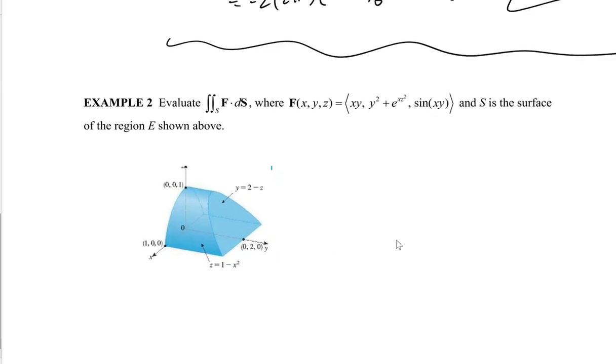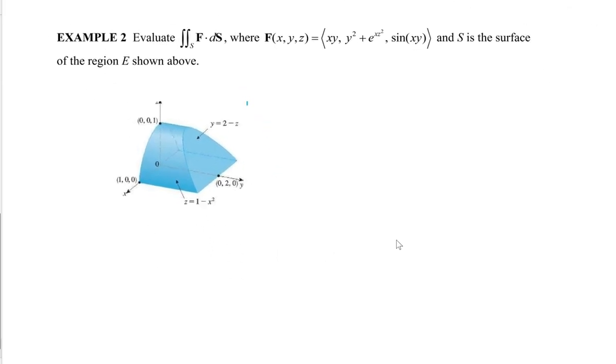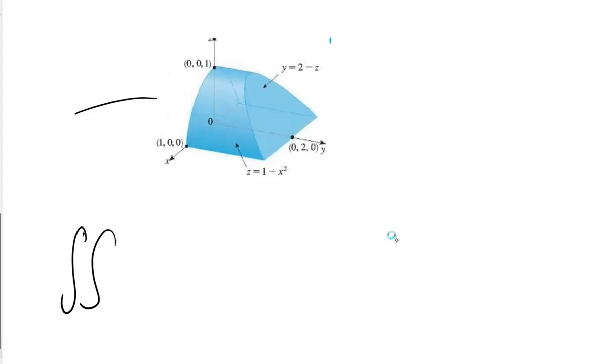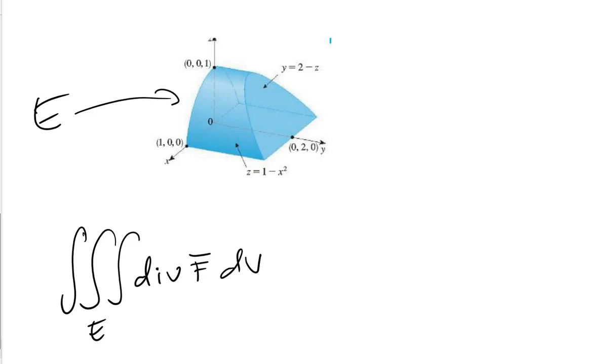Instead of doing 4 separate surface integrals, we're going to do the triple integral. The interior of this whole thing is E. The triple integral over E of the divergence of F dV.